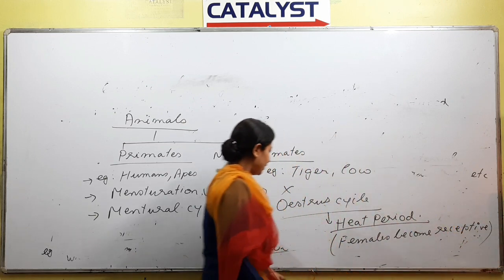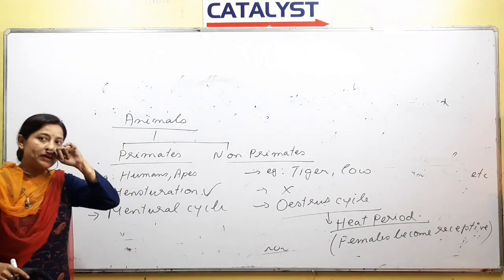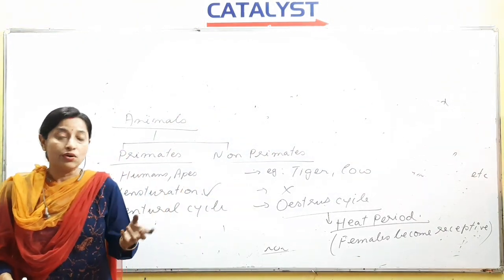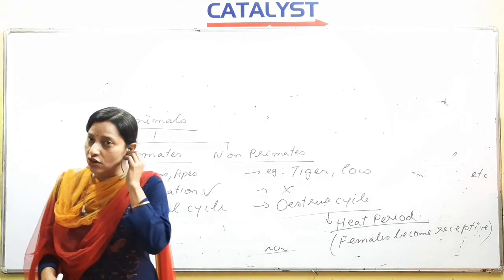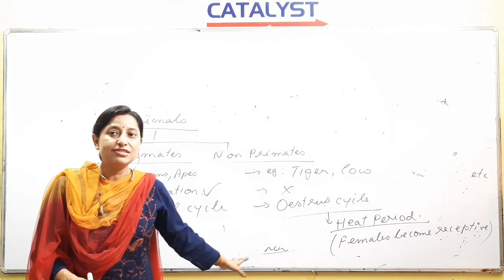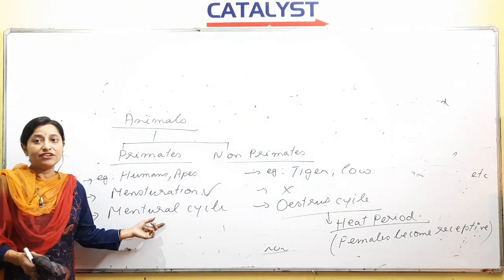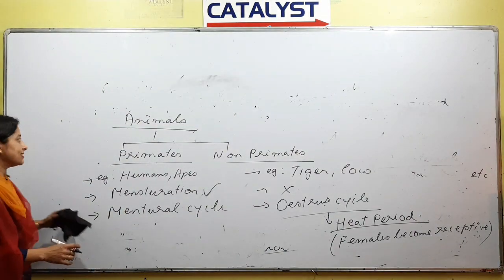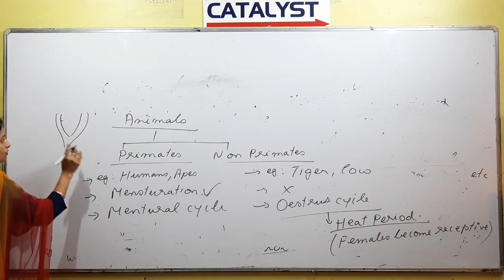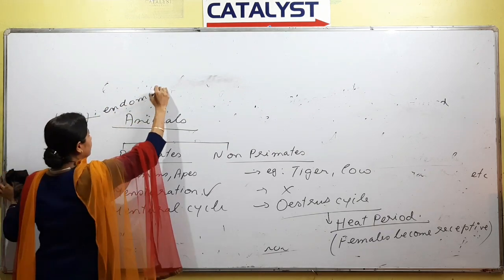There are so many differences between primates and non-primates. Talking about the menstrual cycle, you could be talking about the endometrial layer also, but this is a portion that will be discussed in your zoology class. As of now, we know that in primates there is a menstrual cycle and in non-primates an oestrous cycle. Menstrual cycle details you will be talking about in human anatomy. If you want to know something about the endometrium, the endometrial lining is a layer in the uterus of mammals. If suppose this is the uterus, this lining is called the endometrial lining.